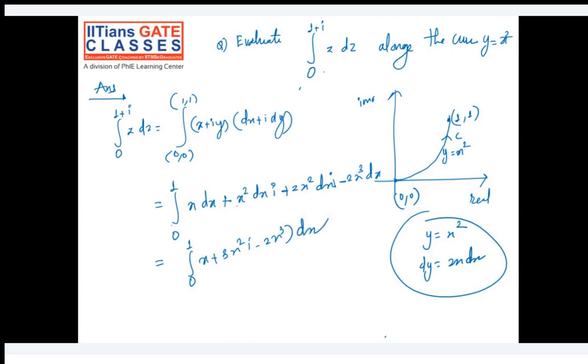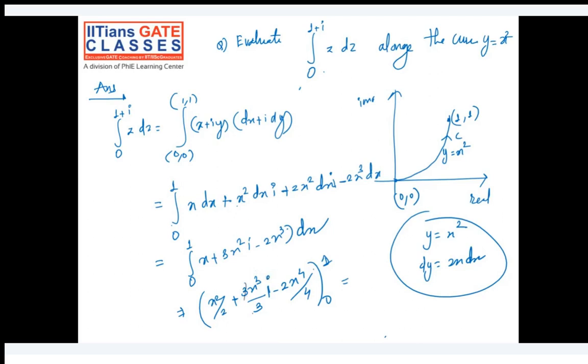Now you can just do the integration. Integration with respect to x gives x square by 2, minus 2x raised to the power 4 by 4, plus i times 3x cube by 3, integrated from 0 to 1. The 3 will get cancelled.